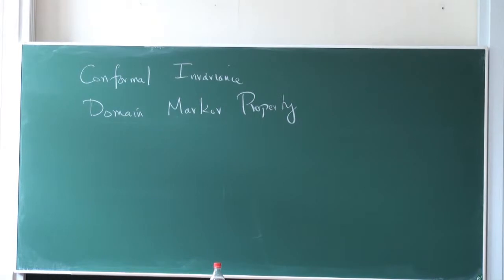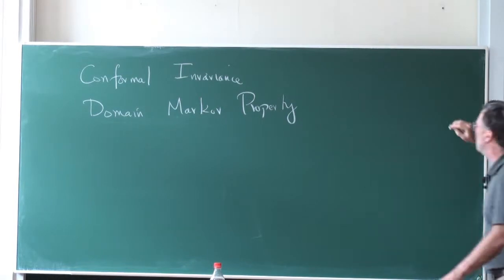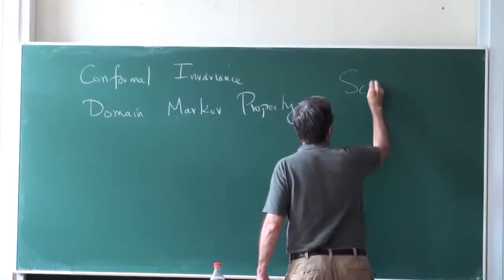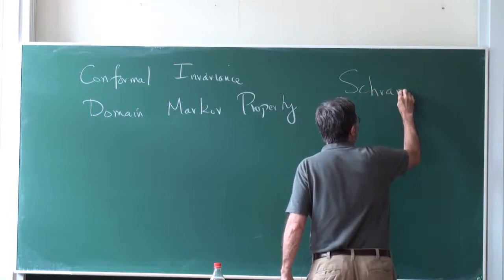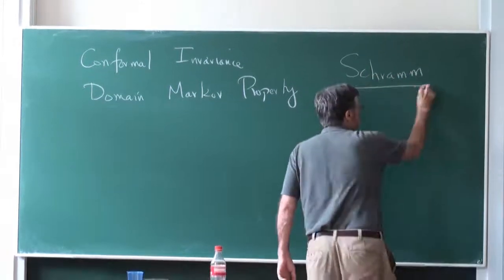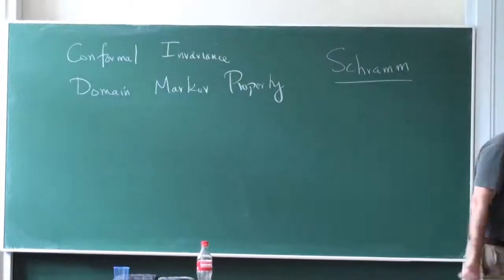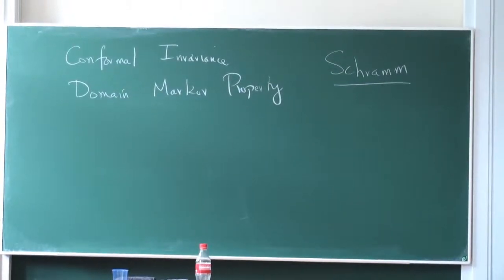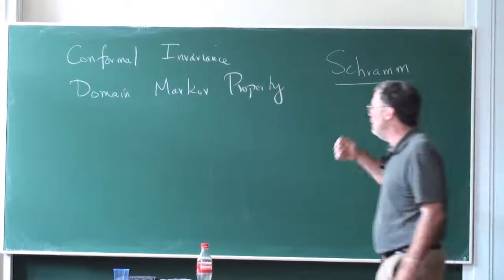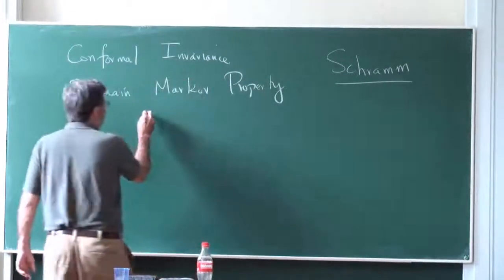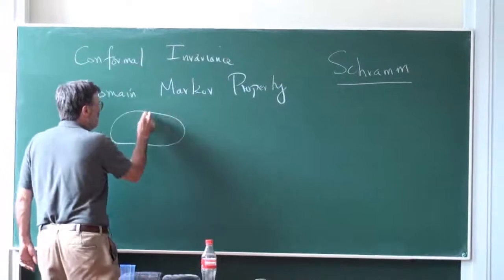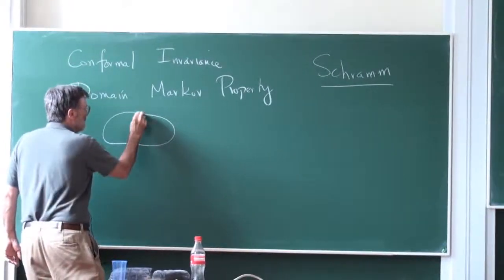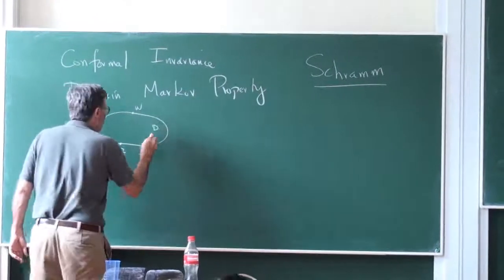The first thing I'm going to be discussing is the fundamental work which was done by Oded Schramm, who died tragically a few years ago of cancer, but for whom this process is named. Roughly speaking, he was looking at possible measures on paths, using the notation I had yesterday.